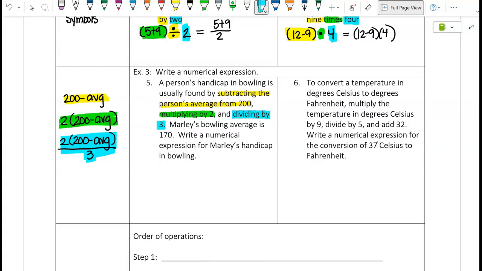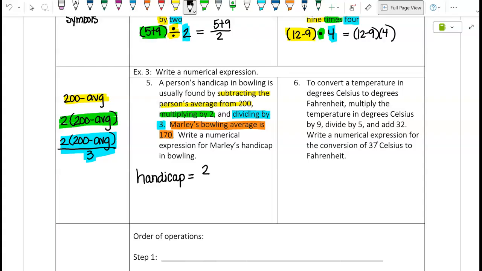Then they go on to tell me Marley's average is 170. So I can substitute that 170 in. So the handicap equals, instead of that abbreviation average AVG, I'm going to put in her 170.